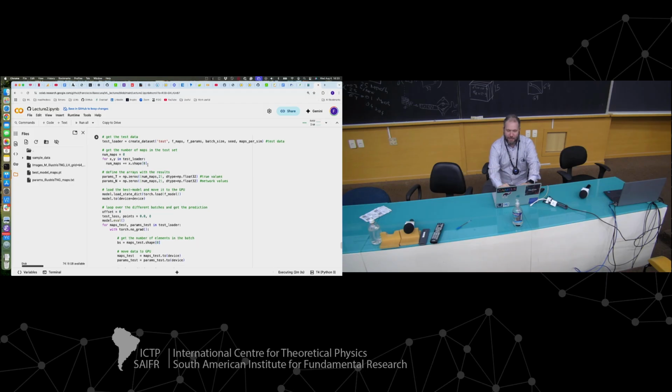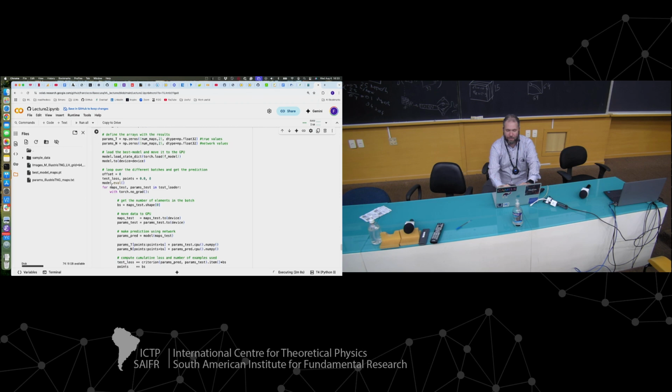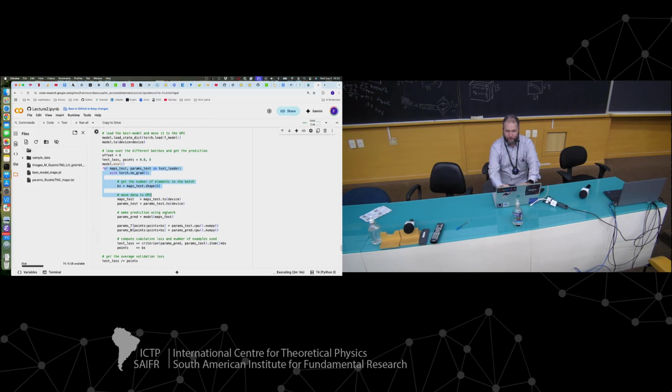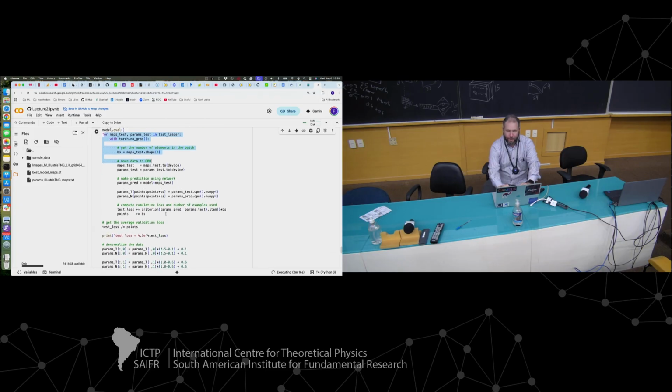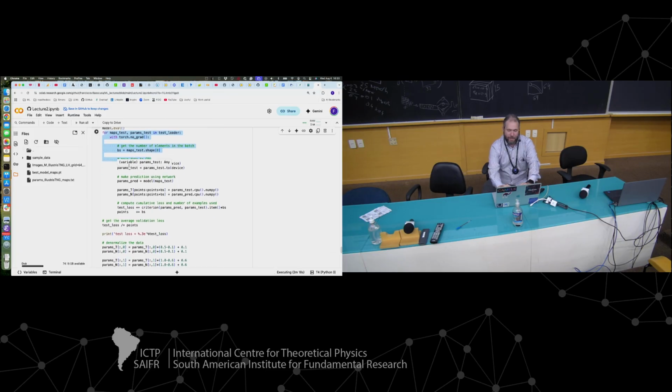Once this is trained, what we're going to do is test the model. The same thing as before, we're going to make a loop over all the maps in the test set. We're reading the maps, we're reading the parameters, we're inputting the maps into the model that is already trained. The model has never seen these maps.